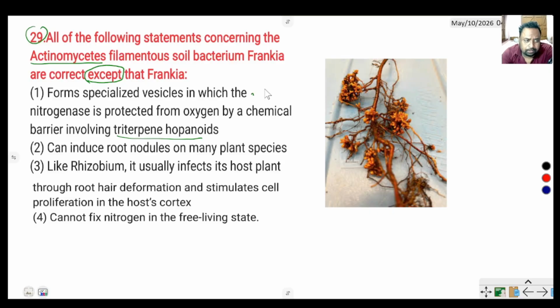It is a correct option. Can induce root nodules on many plant species. Also right. Like Rhizobium, it usually infects its host plant through root hair deformation and stimulates cell proliferation in the host cortex. It is right, a nodule type structure is formed in the root. Cannot fix nitrogen in the free-living state? No, it fixes atmospheric nitrogen. So the wrong option is option number 4.